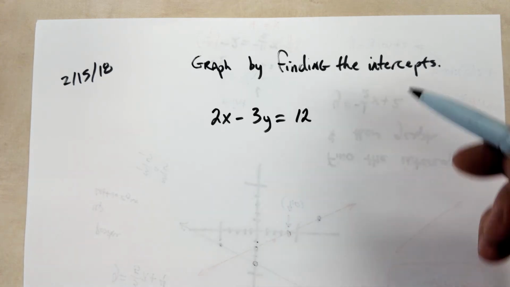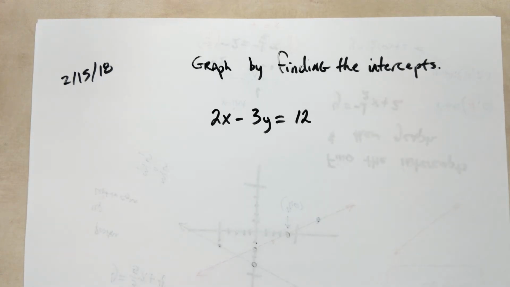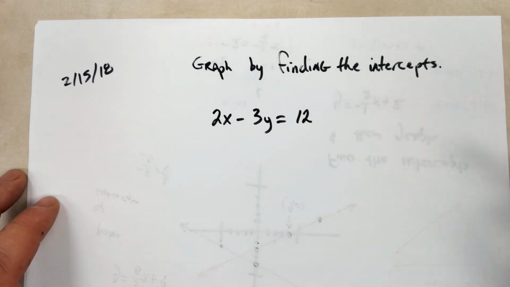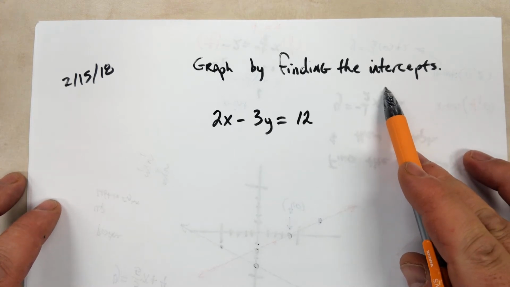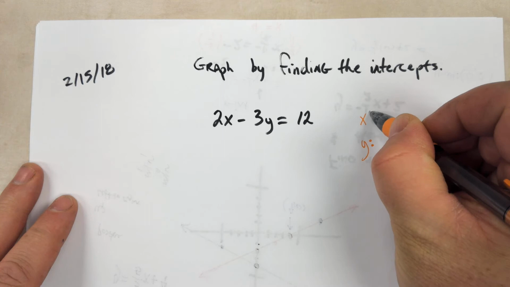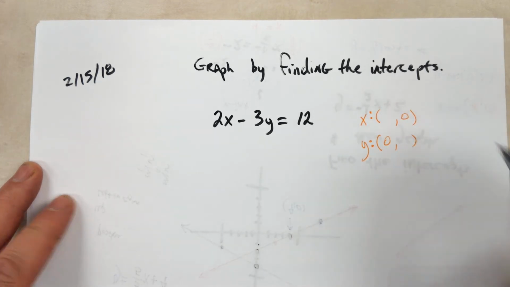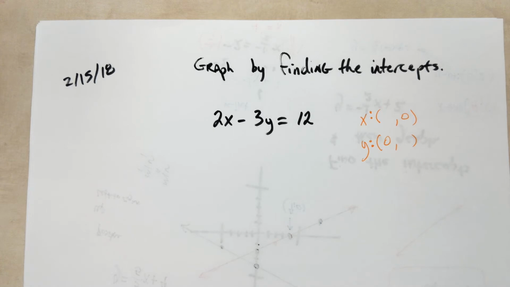The easiest way to graph this one is with the x and y intercepts. Even though that's what the instructions say, and we have to do what the instructions say on a quiz or test, this is actually the easiest way anyway. So the way I would do it is I would always write my two things over here. It just helps me remember what I'm doing and I don't get confused.